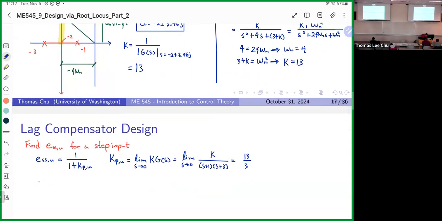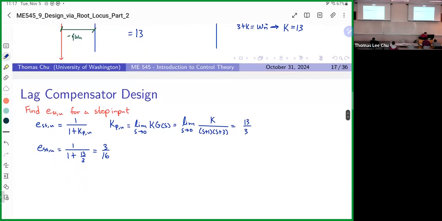So I plug that in, I get ESSU is equal to 1 over 1 plus 13 over 3, which is equal to 3 over 16. You don't have to keep it in fractions, but I like to because it just makes it easier to see how much I have to reduce a system by.